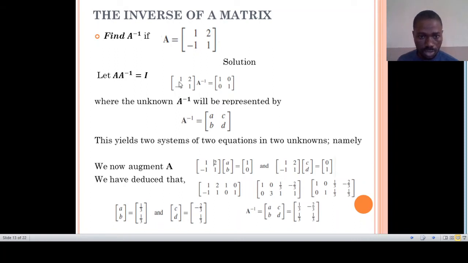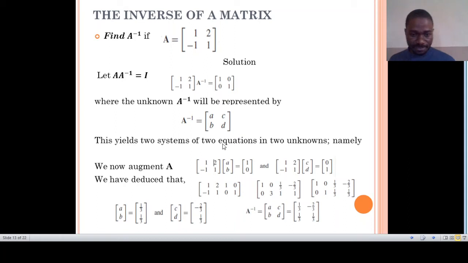So here is the original matrix. If you want to find the inverse, you simply say A multiplied by A inverse is equal to I, where I is the unit matrix. Here is your A, here is the A inverse that you are looking for, and here is I: 1 0 0 1. The next thing you can say is that A inverse is equal to [a b; c d].